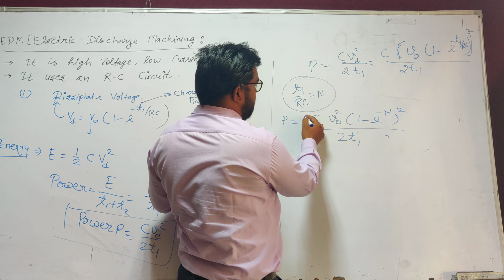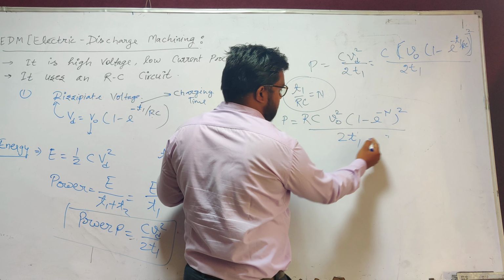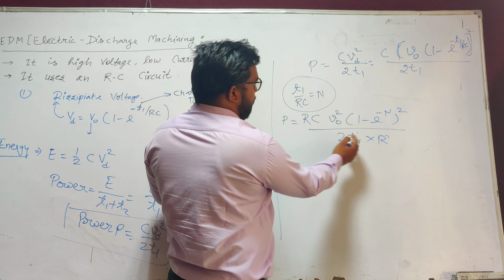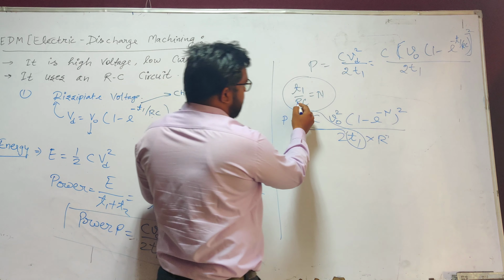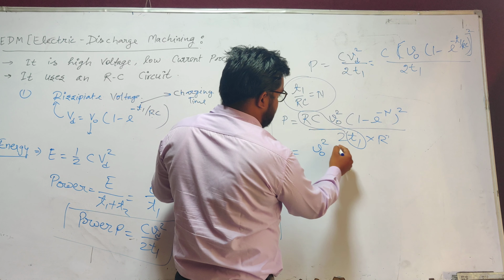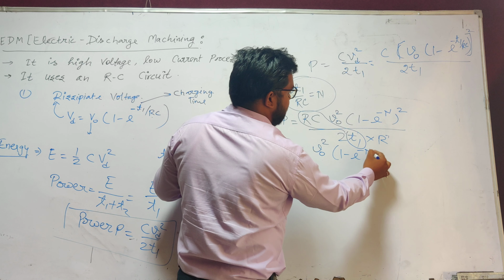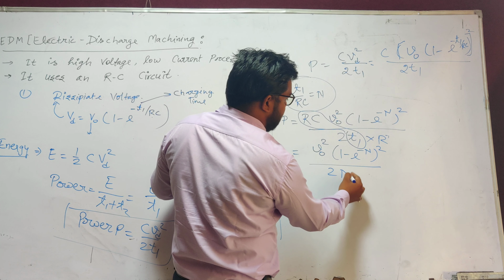Multiply by R and divide by R, then T1 upon RC will become N. So P equals V naught square (1 minus e to the power minus n) the whole square upon 2nR.